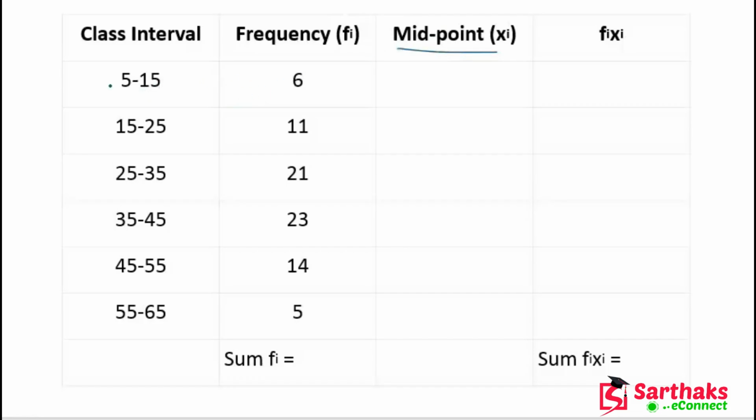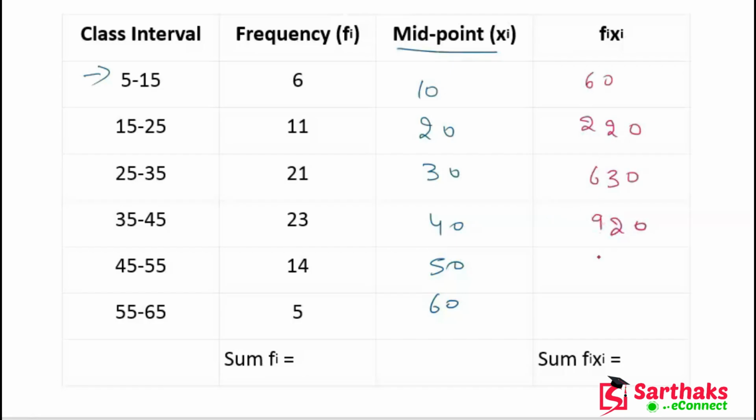After finding the midpoint of each class interval we get 10, 20, 30, 40, 50 and 60. Now we have to find fi xi. So this will become 60, 220, 630, 920, 700 and 300.